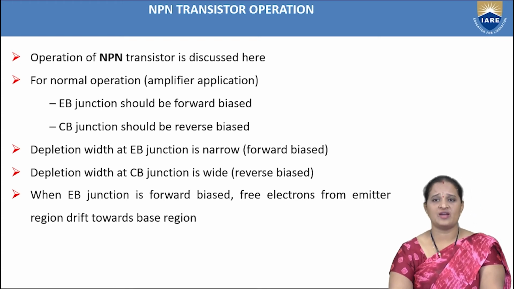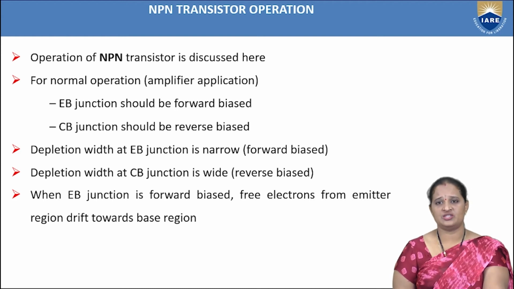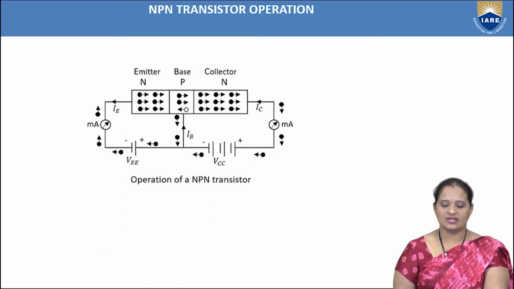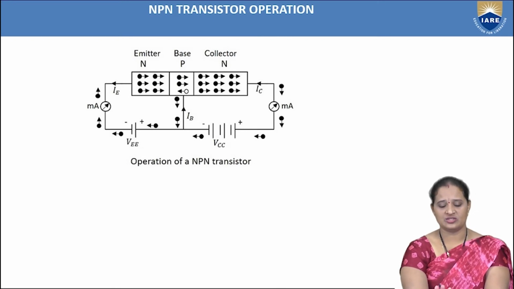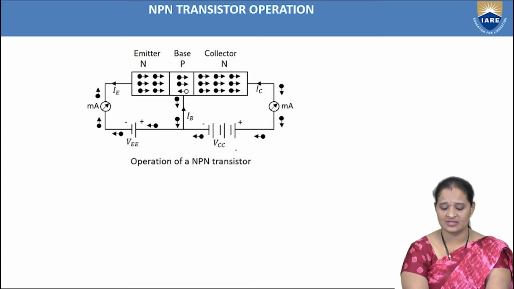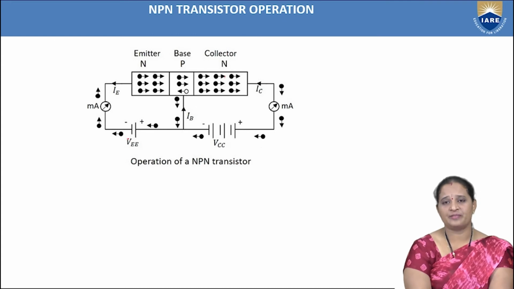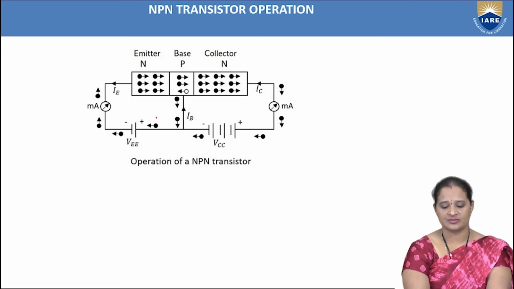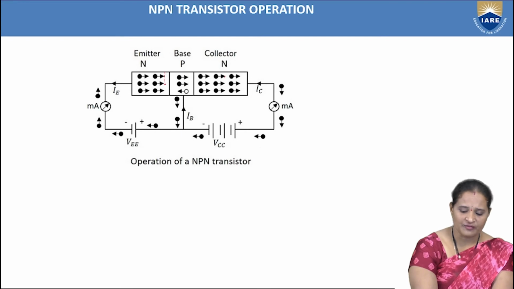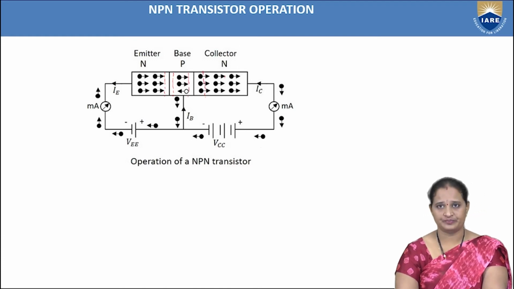When the emitter junction is forward biased, what happens? And when the collector junction is reverse biased, what happens? So now let us see. This is an NPN transistor. We are providing the biasing such that the emitter to base junction is forward biased and the collector to base junction is reverse biased, right? So as I told you, we have a narrow depletion layer at the emitter base junction, whereas we have a wider depletion region at the collector to base junction.